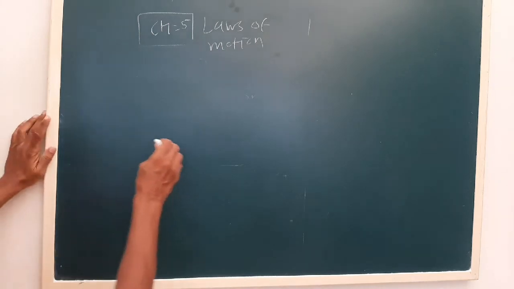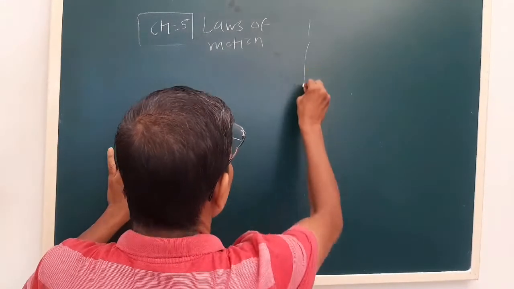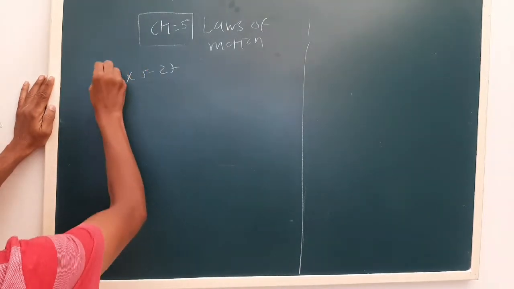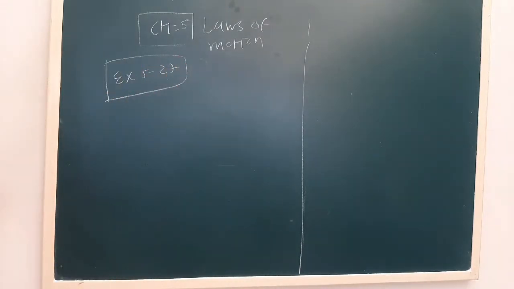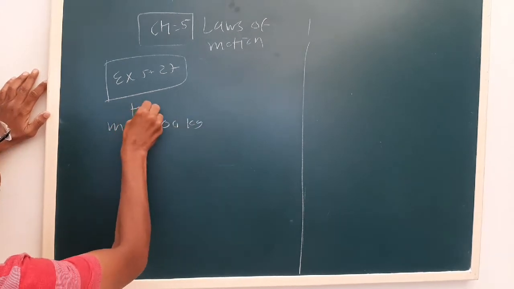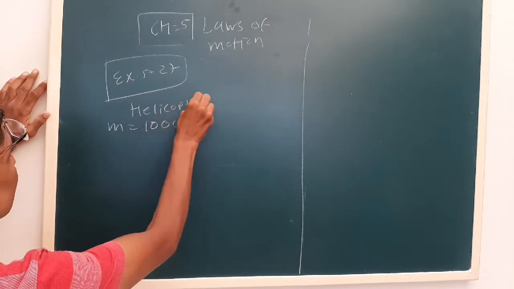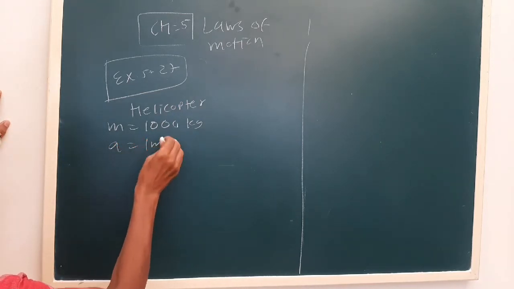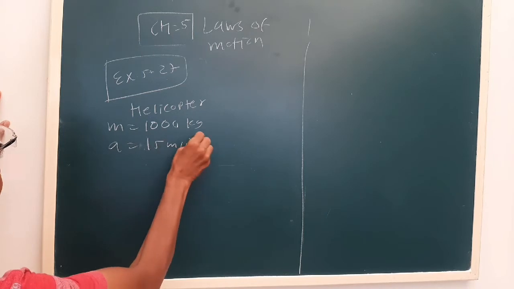Okay, now next is exercise number 5.27. Now see, the mass of the helicopter is 1000 kg. Now it moves with an acceleration of 15 meter per second square.